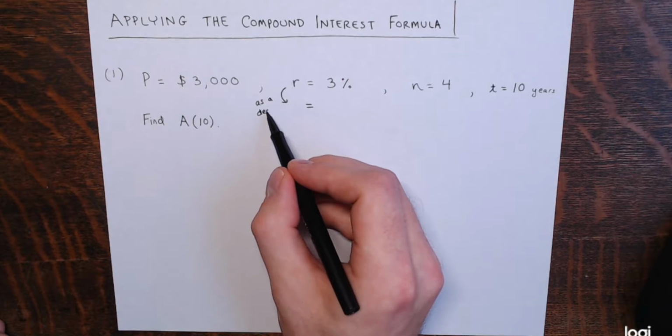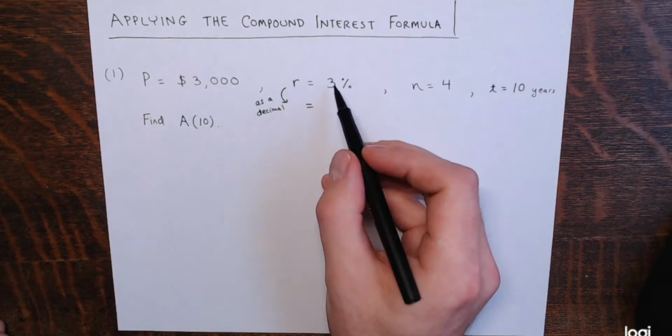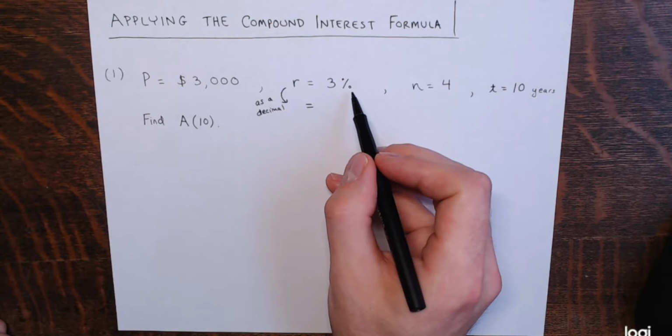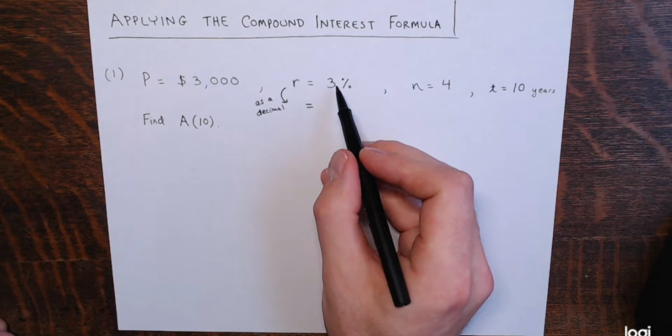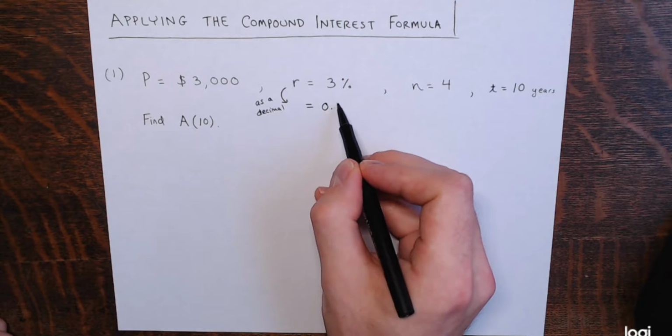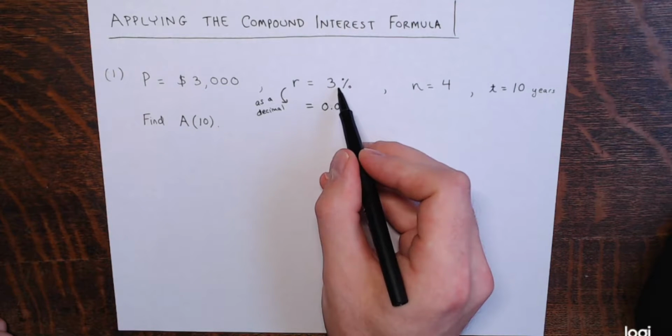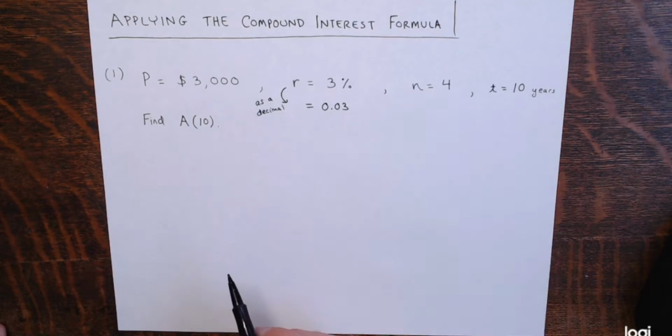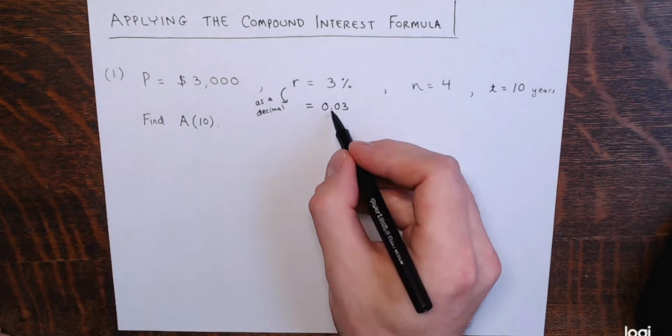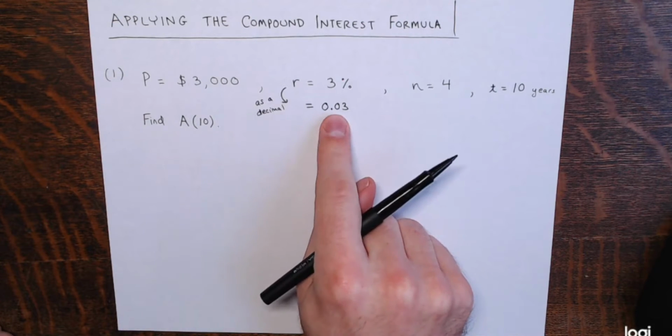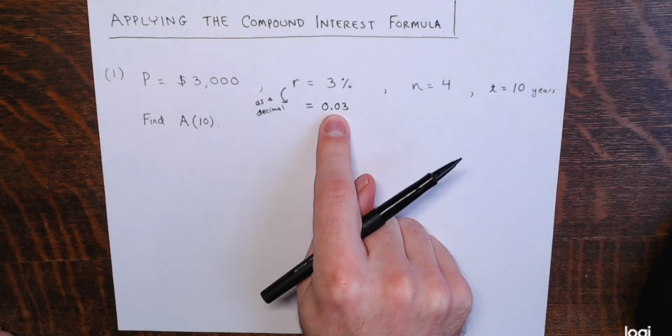So I'm not going to use the number 3. Remember what percent means. Percent means divided by 100. 3 divided by 100 is 0.03, right? Just take the number and move the decimal point to the left 2 places. So this 0.03 is the value I'm going to replace R with.